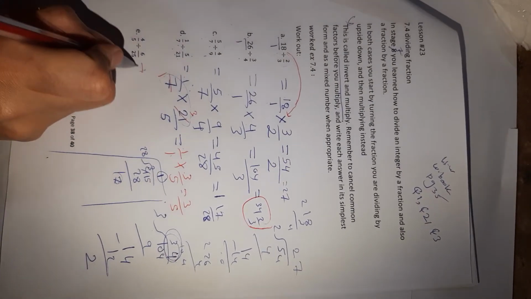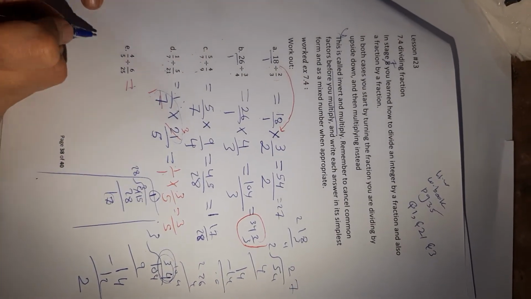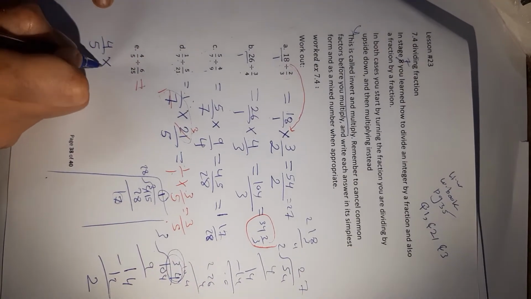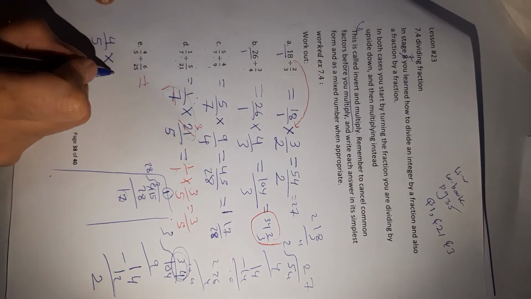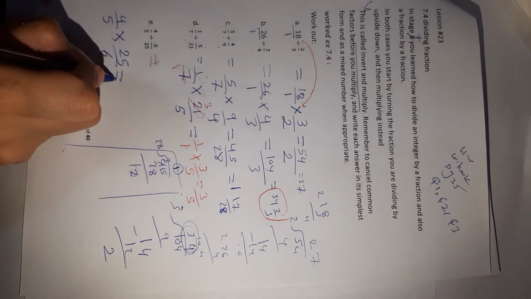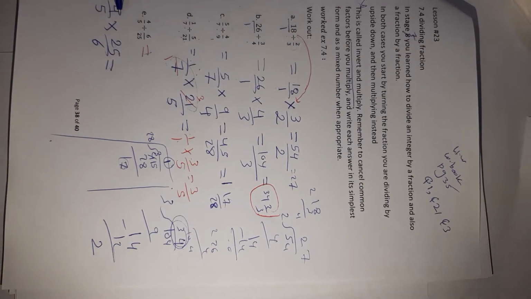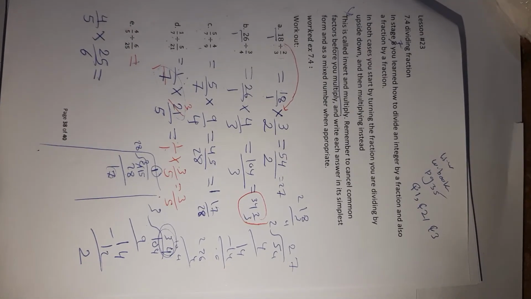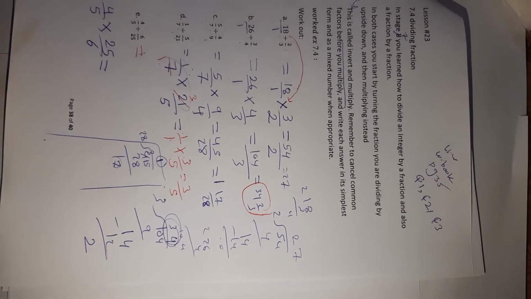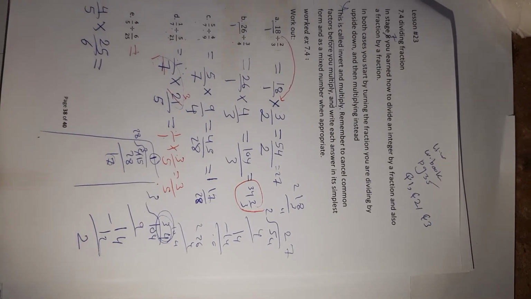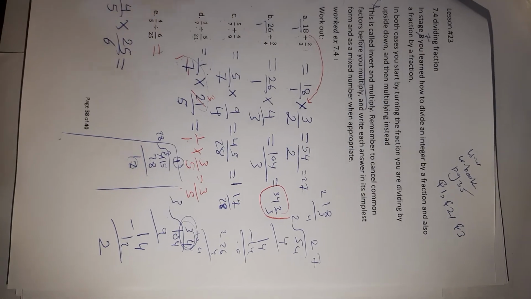Now this one, 4 over 5 is still 4 over 5. The division sign becomes multiplication. 25 over 6 upside down, flip the second fraction. Now here you can use two ways. You can multiply the numerators, denominators, then rewrite your answer in its simplest form, or you can search for the numbers across from each other that have common factors.